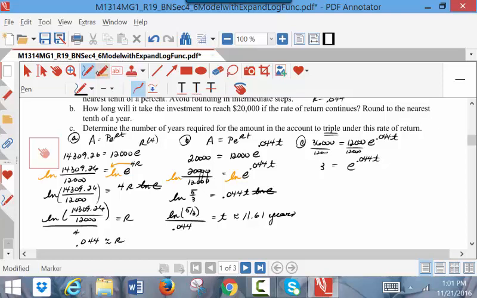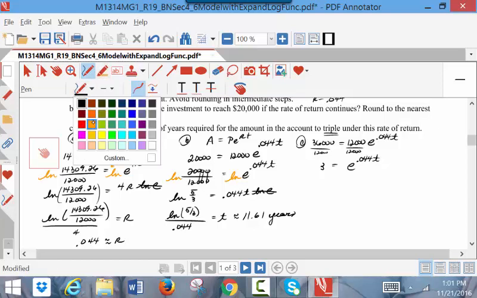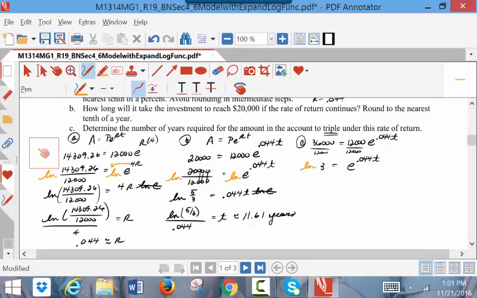So now that you can see this evaluates pretty nicely, you come in here and take the natural log of each side, and you get that the natural log of 3 equals, pull the 0.044 in the front, 0.044t natural log of e, but the natural log of e is just 1.